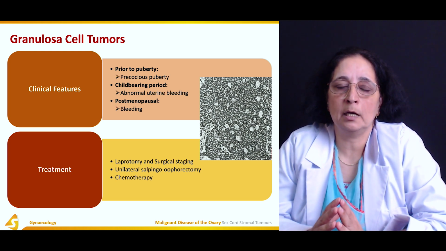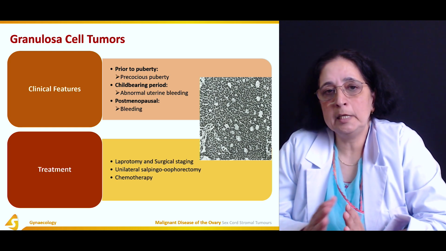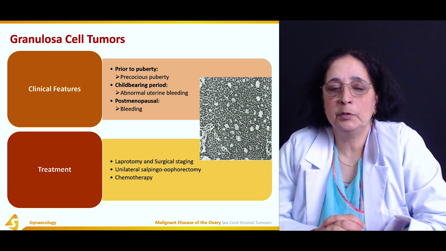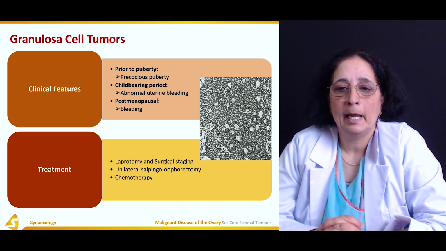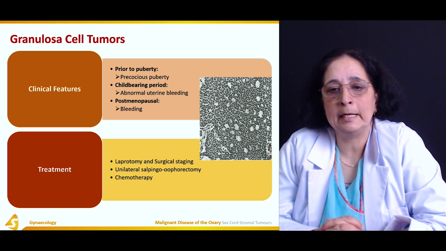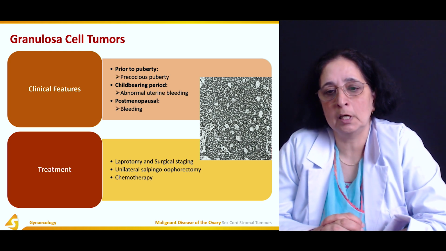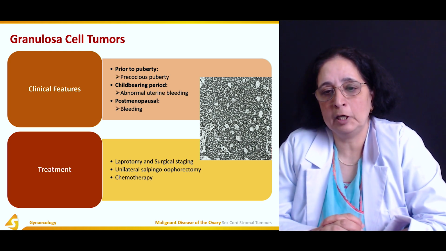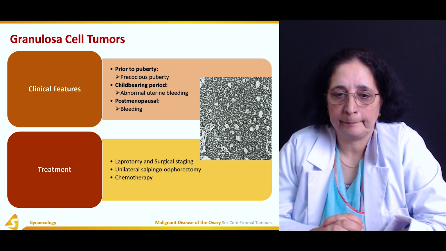If they are during the reproductive age, usually the female comes with uterine bleeding, and they say they have off and on abnormal uterine bleeding. And if after the menopause, post-menopausal, again mostly the patients complain of bleeding.